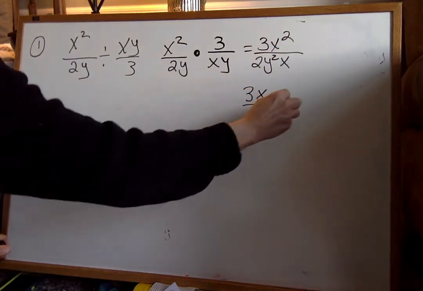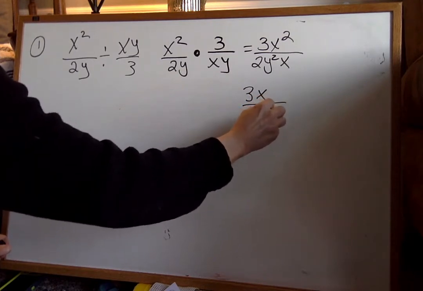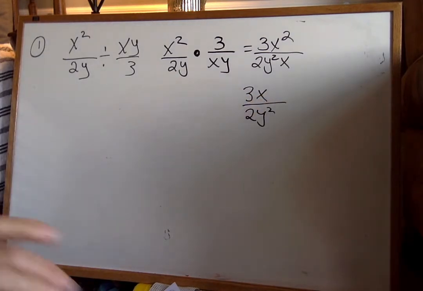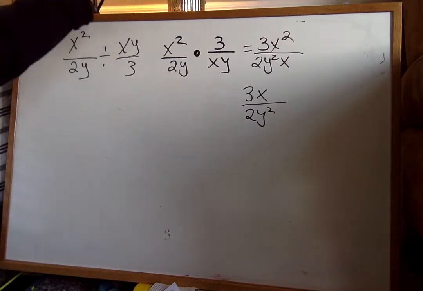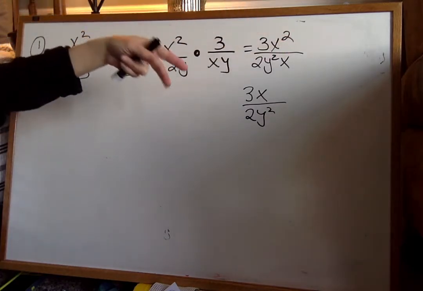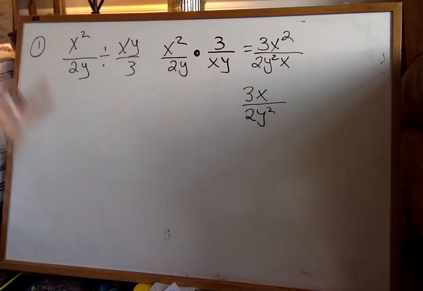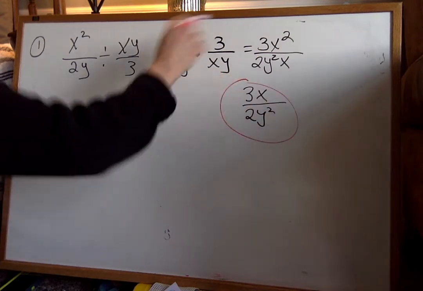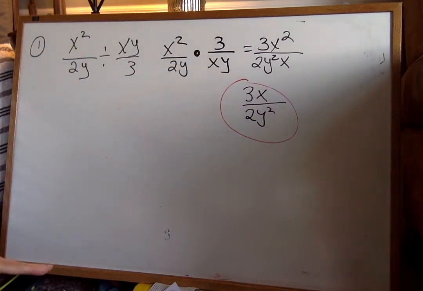It's going to leave me 1 on top. So it should be 3x over 2y squared. You're welcome to use those rules of 2 minus 1 for the power, and you'd end up with a 1. Whatever it takes to get to that is the answer. This is just for you to figure out if you're okay with these problems.